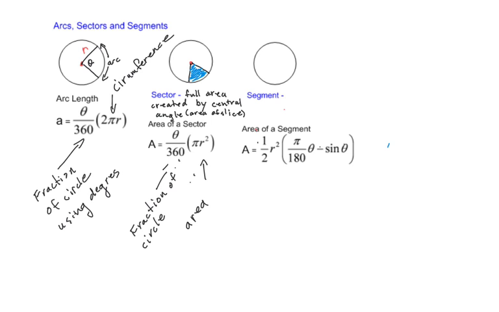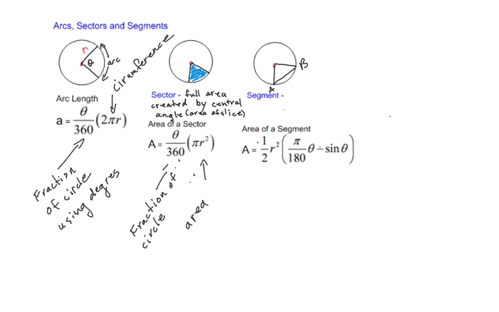So now, when we're talking about the segment, we're going to have something similar to this. We're going to start with our central angle as well. Then we're going to draw basically what we had before with the sector. But instead of taking the entire wedge like we did last time, this time we're going to take a chord directly across from point A to B on here.